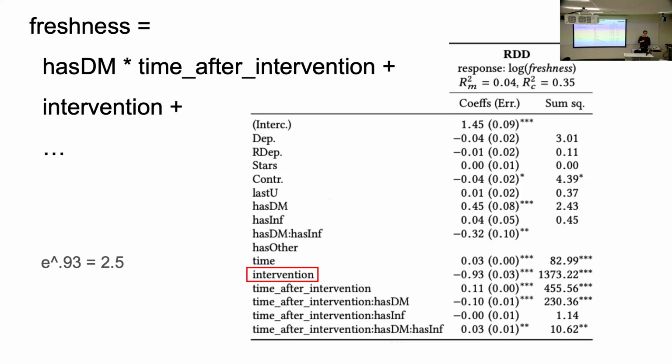I understand you're controlling for all these things, but it's stronger than I suggested. Because the interpretation of this coefficient is while holding constant the number of stars and the number of direct and reverse dependencies and the number of whatever else.